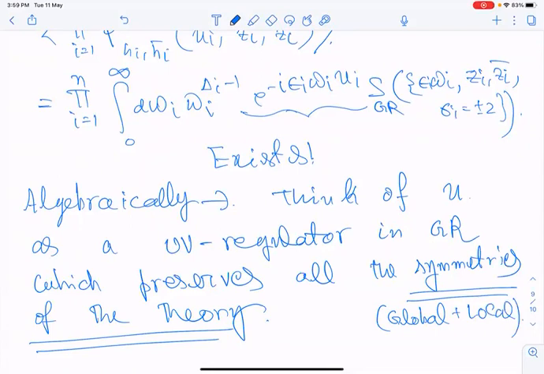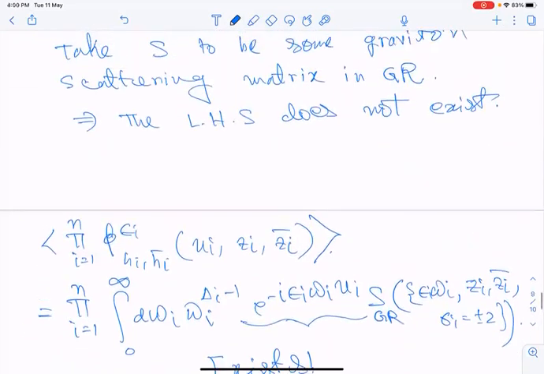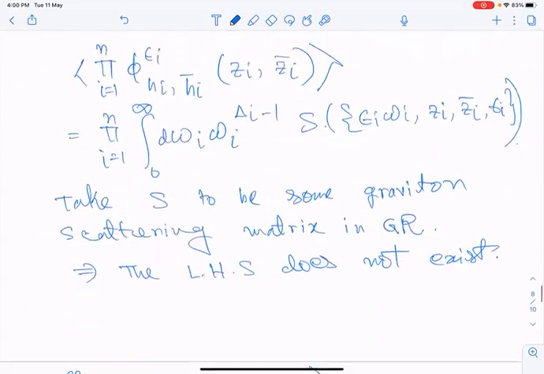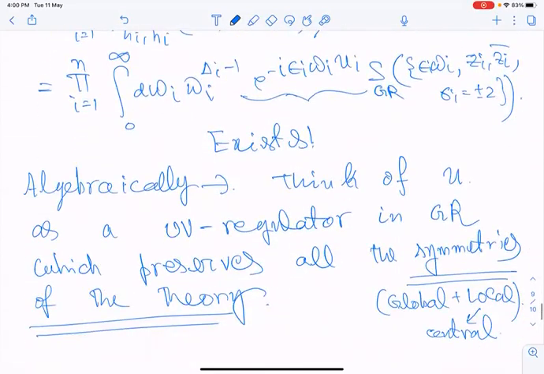The local ones play an important role, and are essentially the central object in what I do. So this is one picture which I will actually use when I do GR. In that calculation, I will do it more from the algebraic point of view. I'll just think of this as a UV regulator.